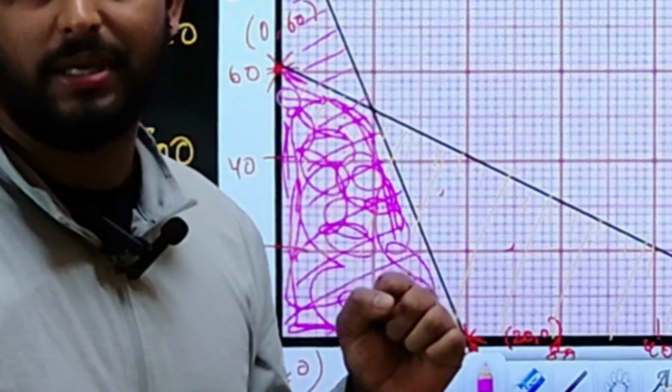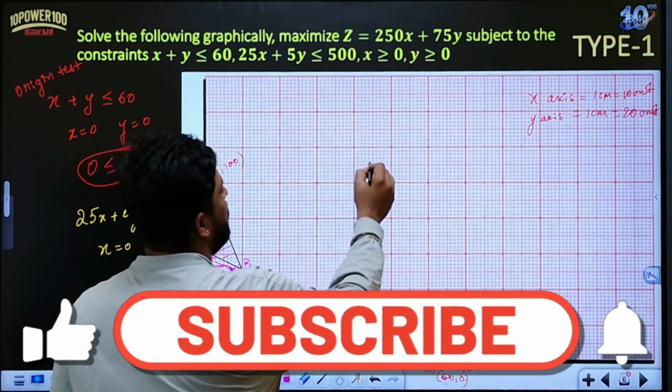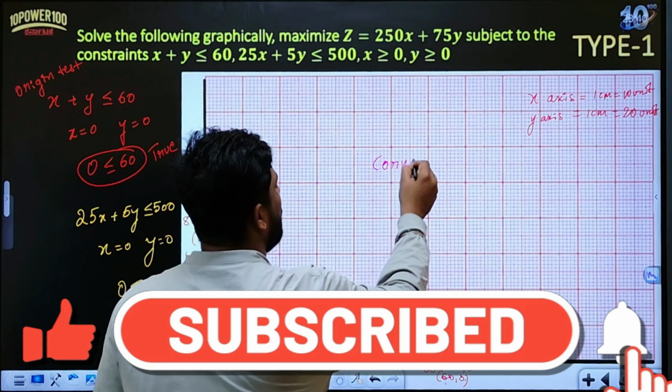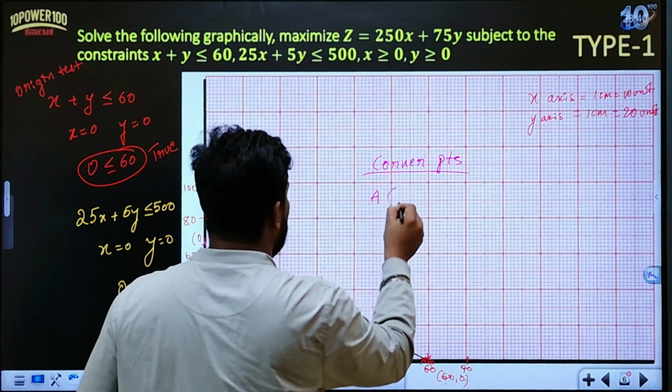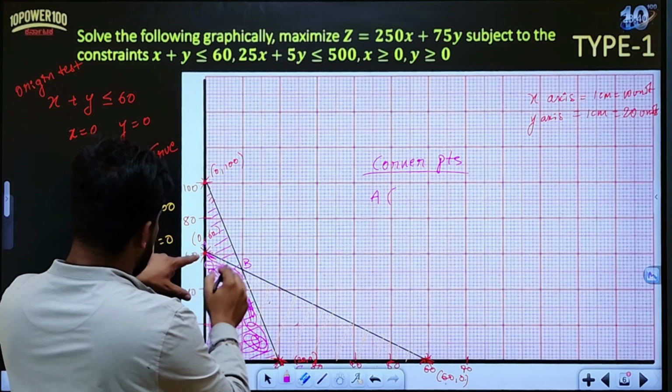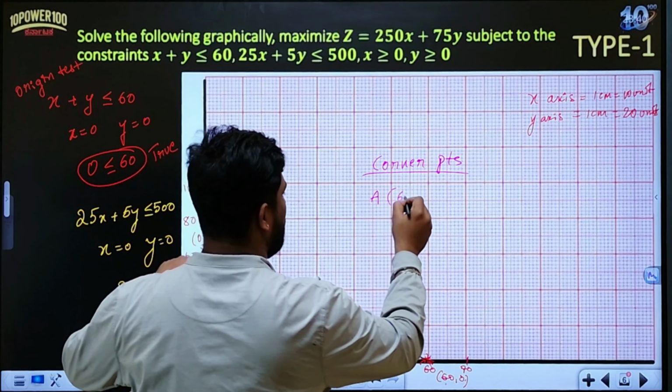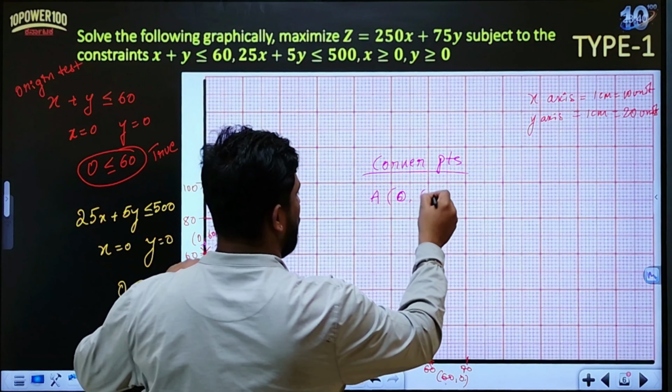Here let's write the coordinates. This is point A, point B, point C, and point D. So we got 4 corner points. Point A is 0 comma 60.